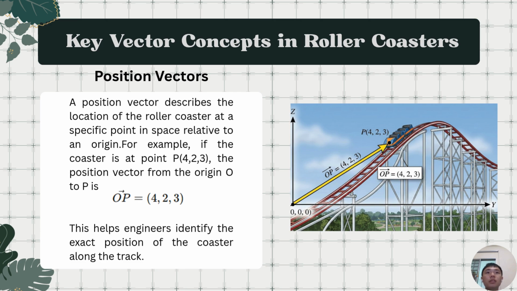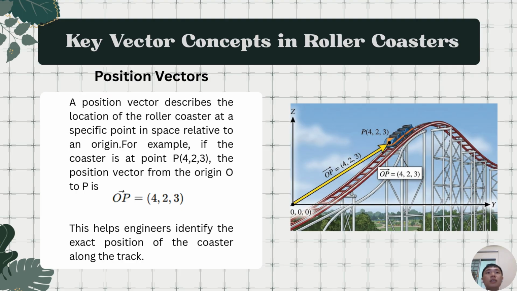For example, suppose the roller coaster is located at point P, which is (4, 2, 3). Then the position vector from the origin to point P can be written as OP equals (4, 2, 3).